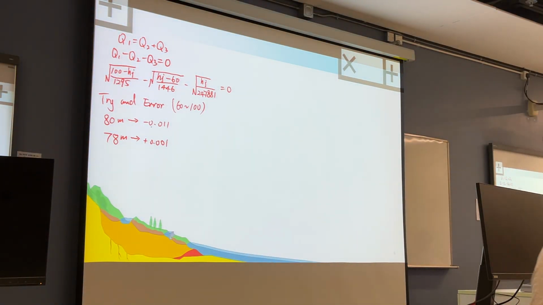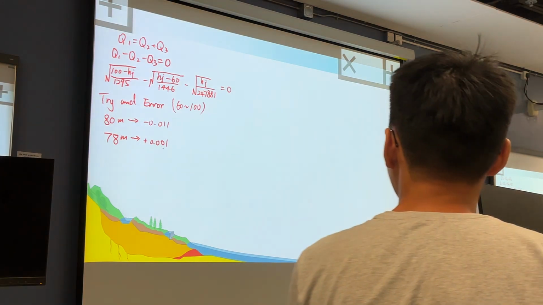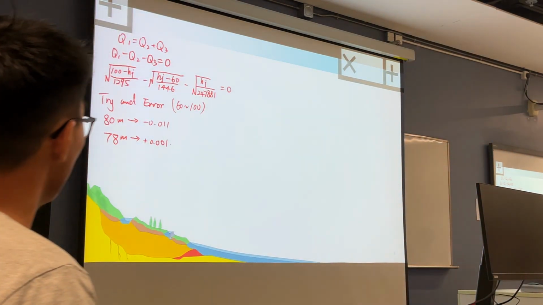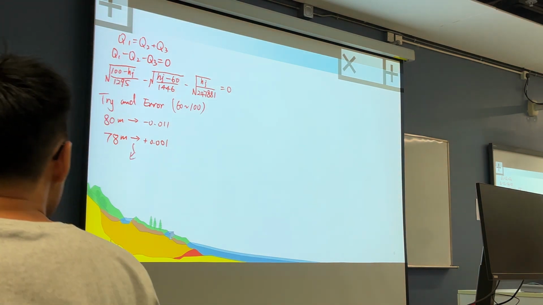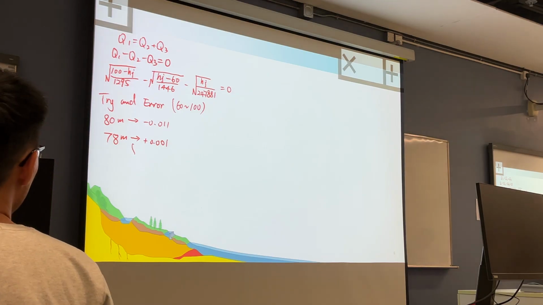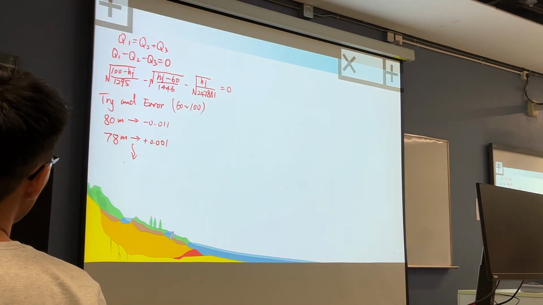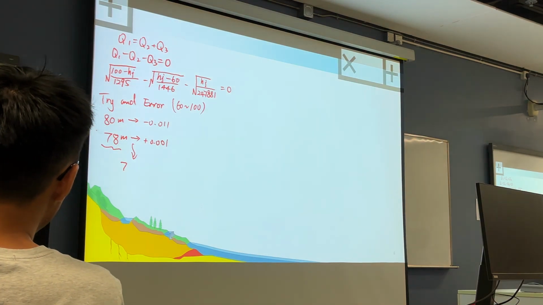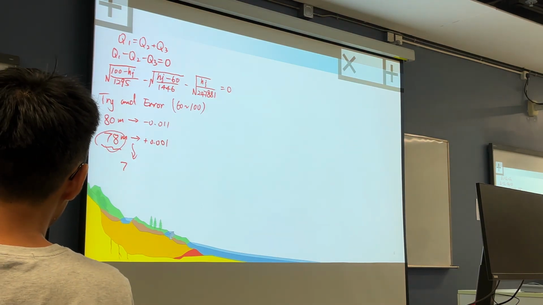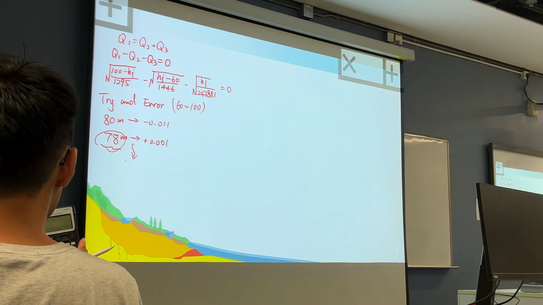Now, one is negative, another one is positive. That means it's already very close, okay? Now, after you have tried several times, okay, 3 or 4 times, if you take the integer, 78 is already fine.